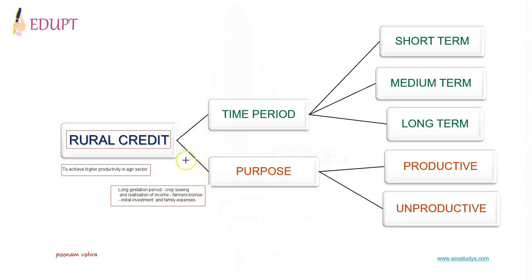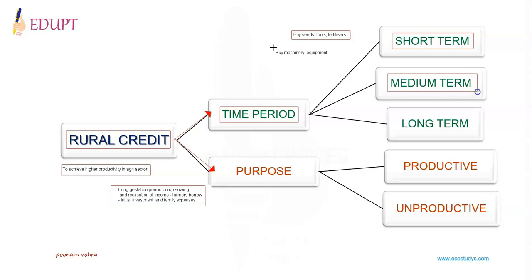So, credit needs of the farmers can be classified according to time and according to purpose. According to time period, farmers borrow for short term to buy seeds, tools, fertilizers, etc. For medium term, to buy machinery, equipment, and so on.